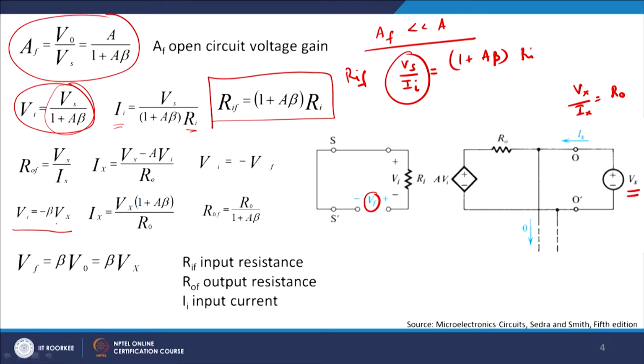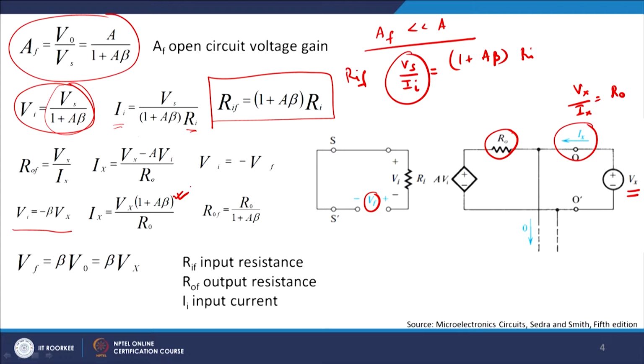Because you are doing negative feedback. So, a part of Vx appears as Vi on the input side, I get minus beta times Vx. If I want to find Ix, the current flowing through this arm, this will be nothing but Vx divided by Ro, into 1 plus A beta.